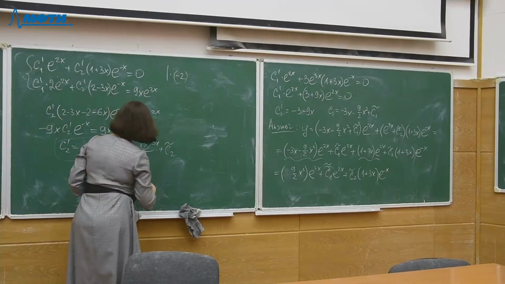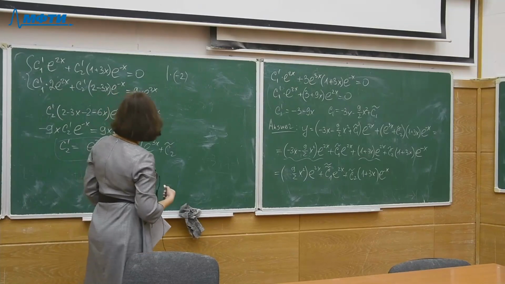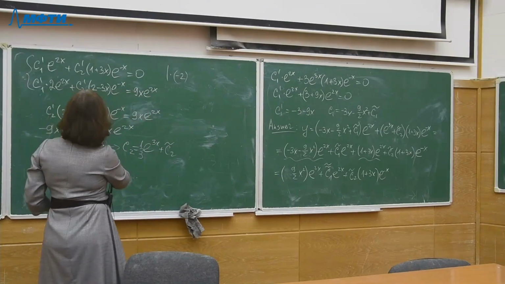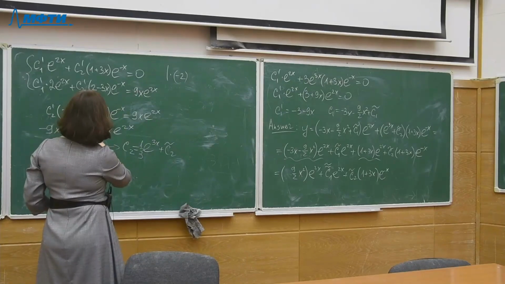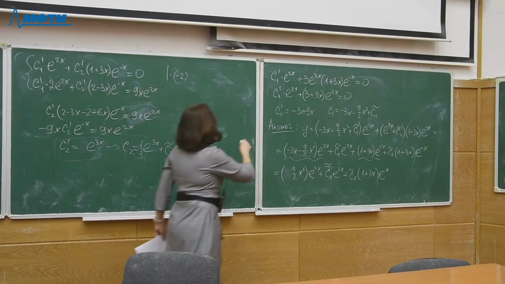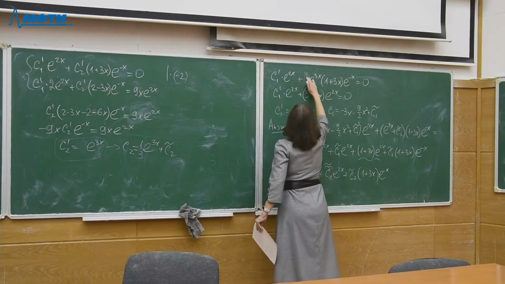One-third. C2 is 1/3. And after this, we must remove this.